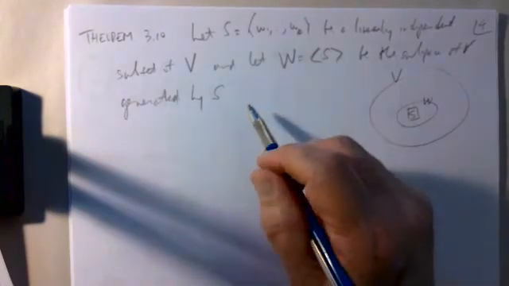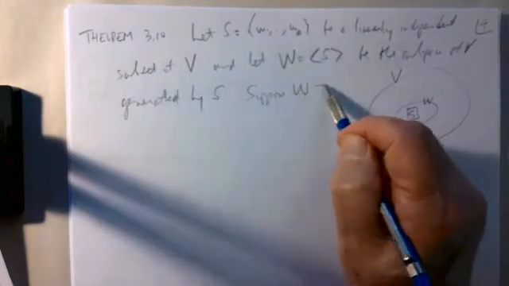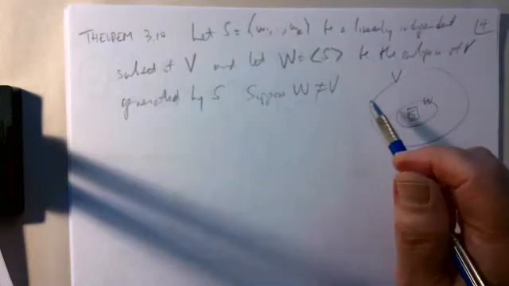So suppose W is not equal to V. That means it's a proper subspace.